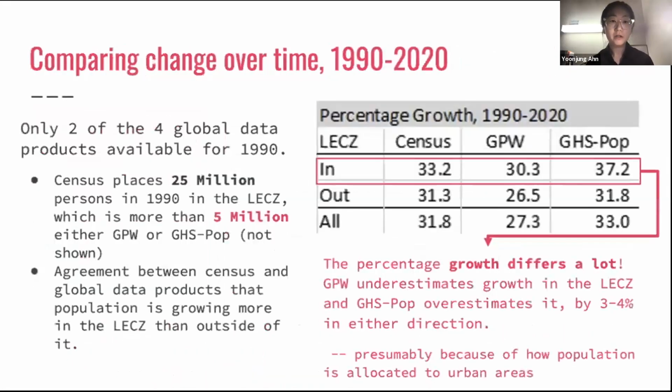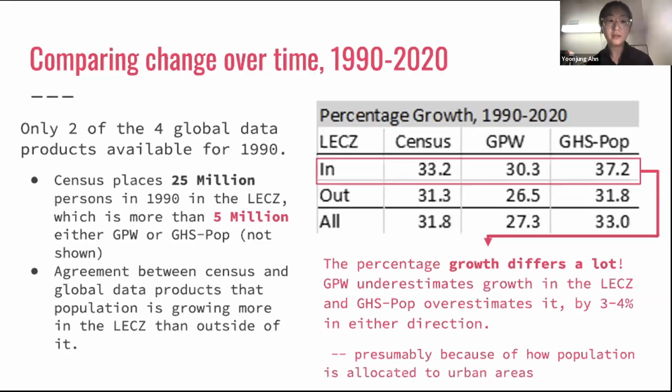We also compared the growth rate from 1990 to 2020. Of the 4 global data sets we were using, only two of them were available for 1990 population, so we only present two population data sets here.